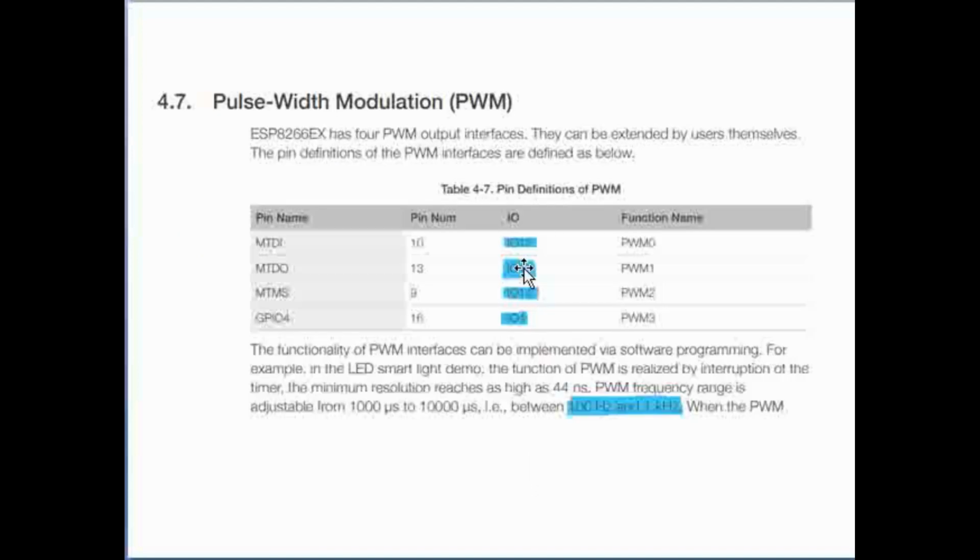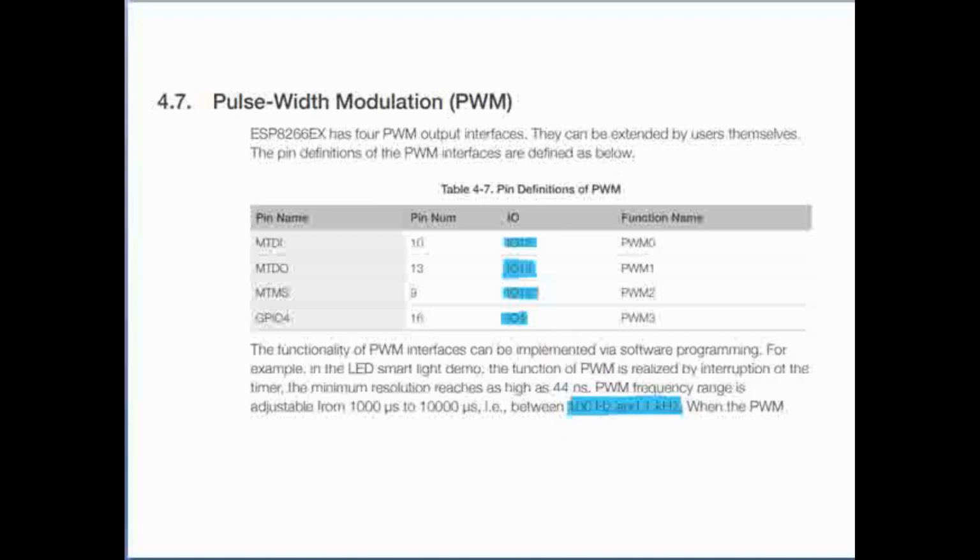Now, as we are talking about the NodeMCU, if you see the ESP8266 datasheet, this is a snapshot from it. There are 4 PWM pins, which are IO4, 12, 14, 15. These are the 4 PWM pins that can be used for PWM purposes, and the maximum frequency that you can give out is 1 kHz and the minimum is 100 Hz.